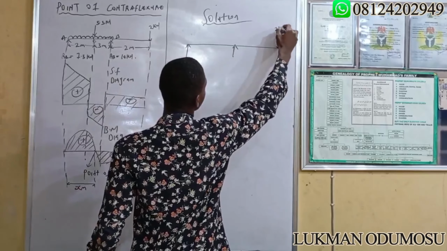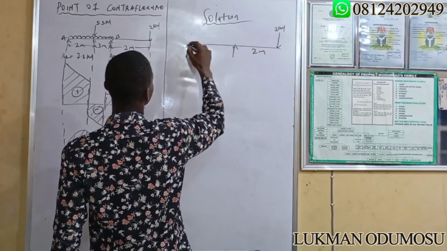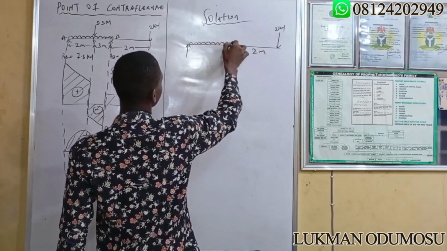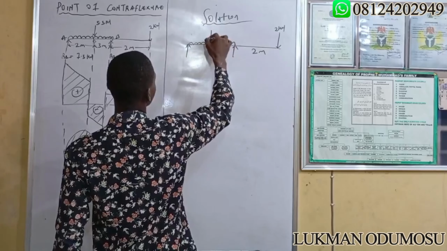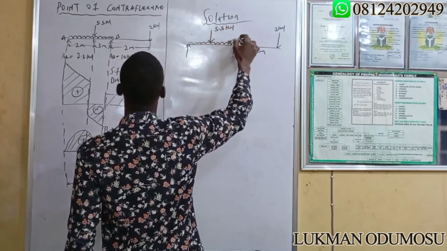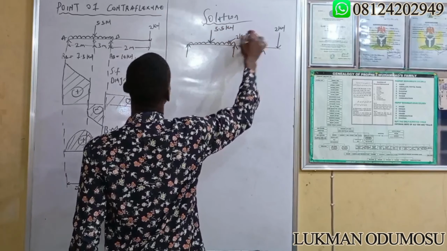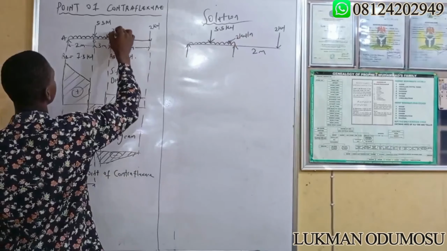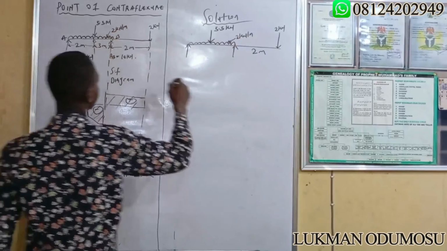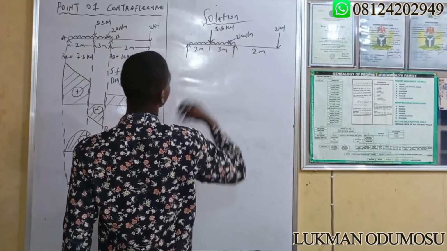This is 2 kilonewton. This is 2 meters, and then we have a UDL. We have a point load. This is 5.5 kilonewton. This is 2 kilonewton per meter. The distance from here is 2 meters, 3 meters, right?